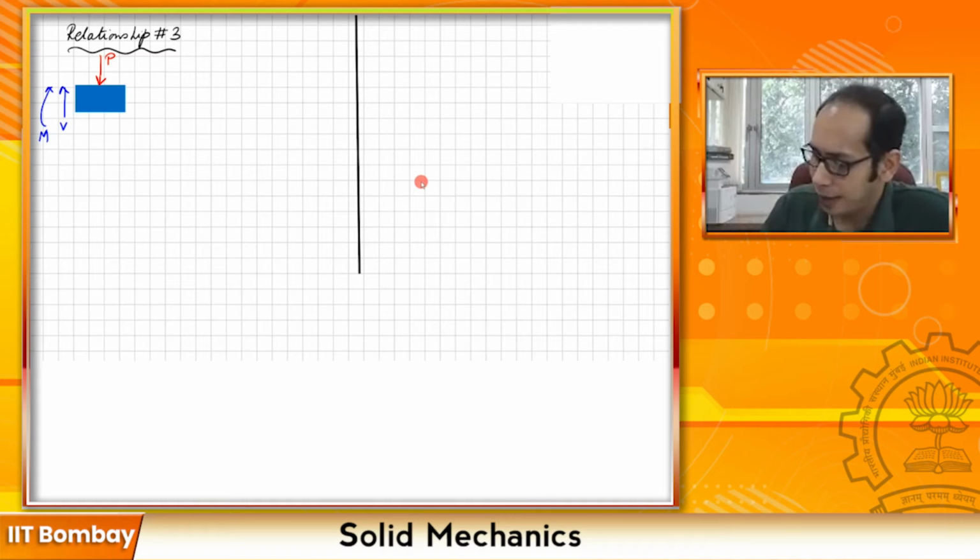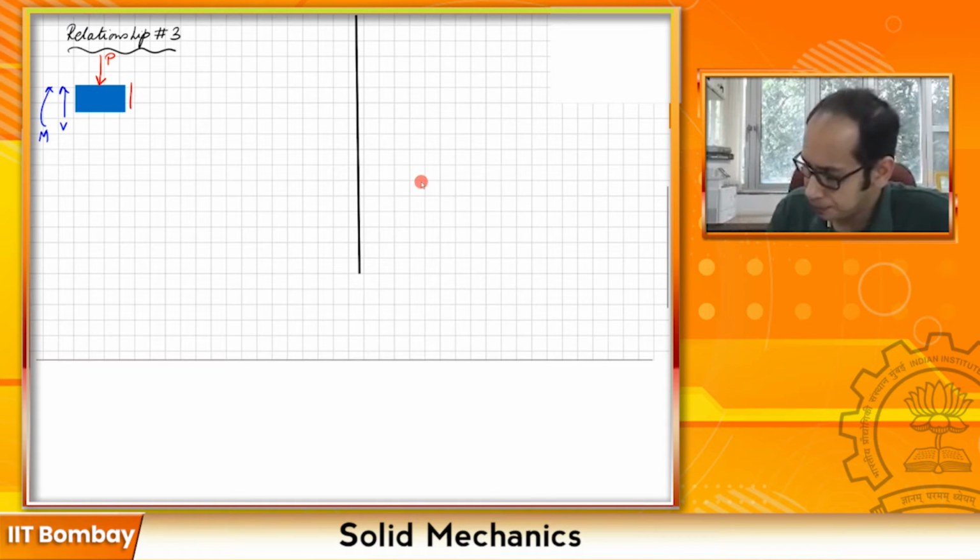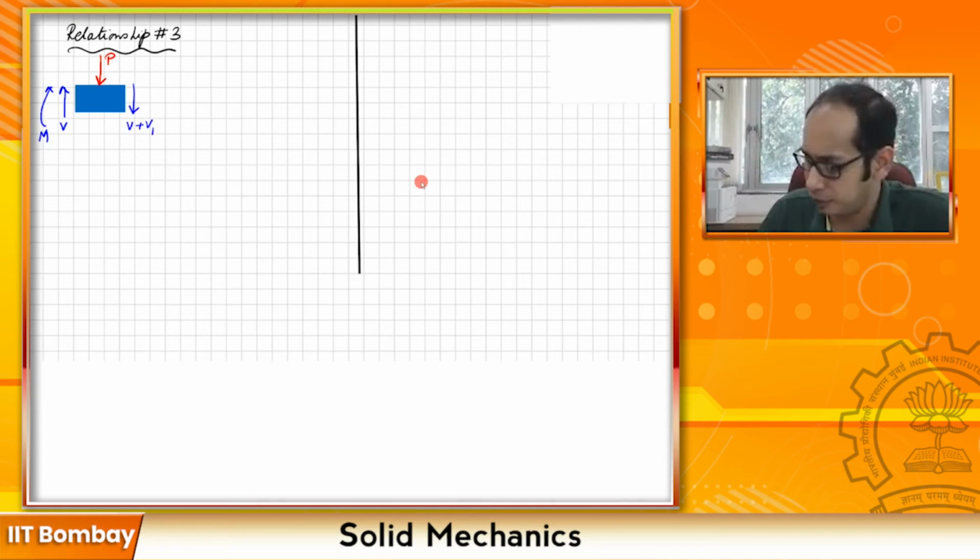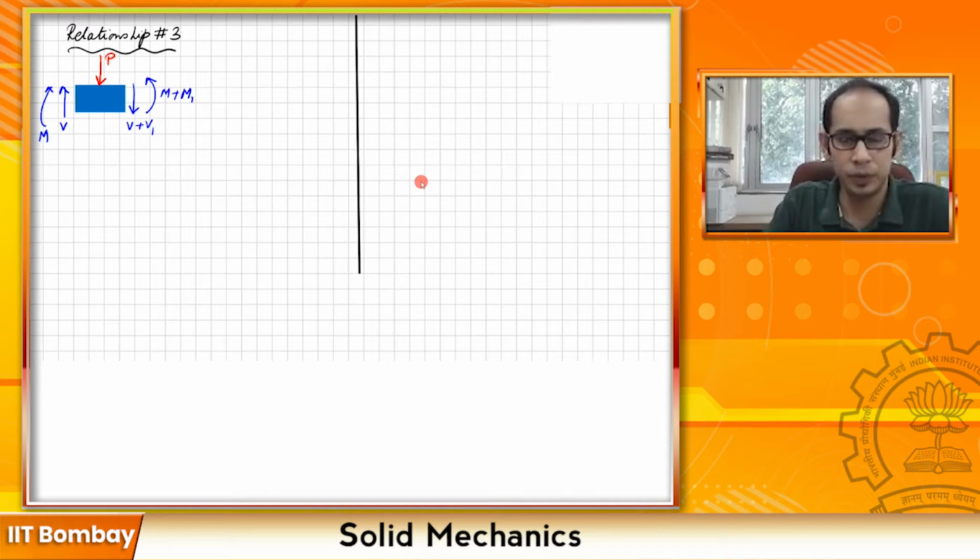So on the right hand side, I'm going to mark my shear force as V plus V1. Again, I'm marking in the positive convention, right? And say the moment changes as M plus M1 over here.